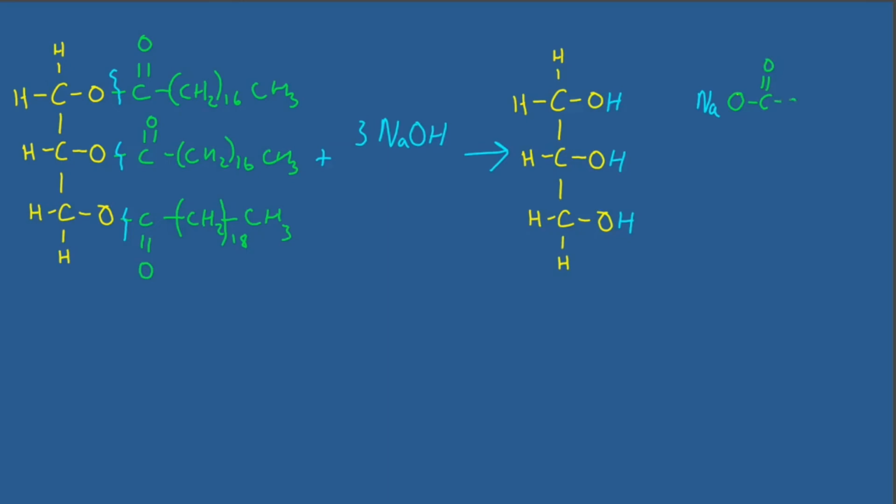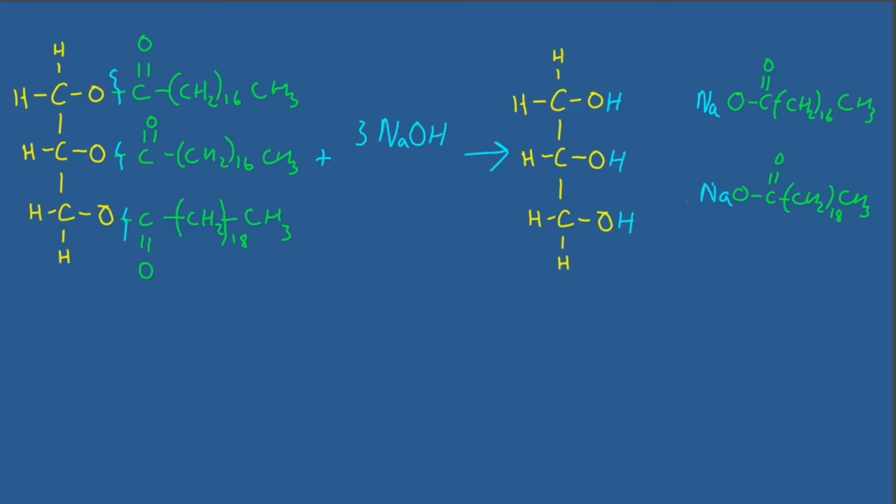I had CH2, and for this one I had 16 of these, with the CH3 on the end there. And the other one, I had 18 of these with the CH3 on the end. And I've got the sodium salt of that.